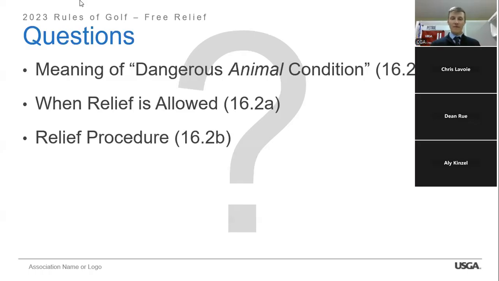So we have to be confident that threat is there. If you don't see anything, we have to know where the animal is to be able to get relief from it, if that makes sense. So we can't just presume a bear's over there somewhere, because how do you take relief if you don't know where the animal is? You have to know so you can take your nearest point of complete relief.